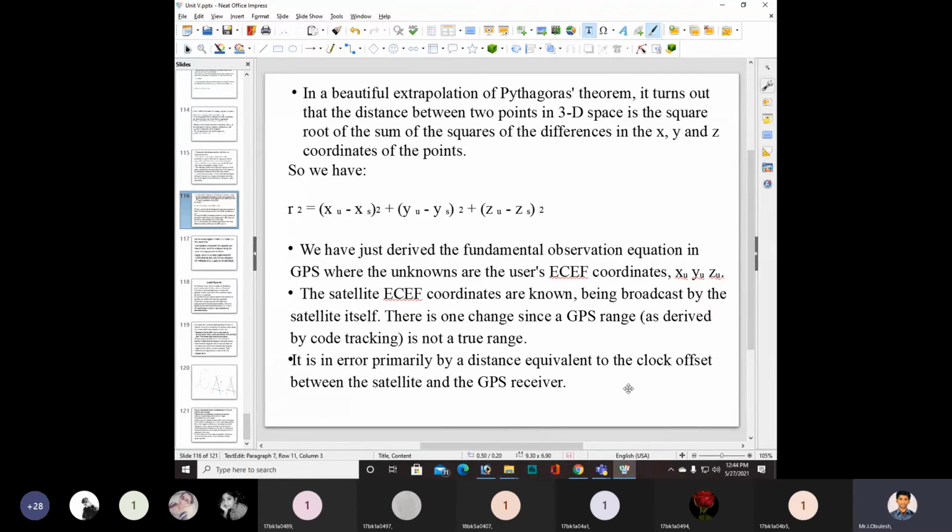There is one change, since a GPS range is not a true range.